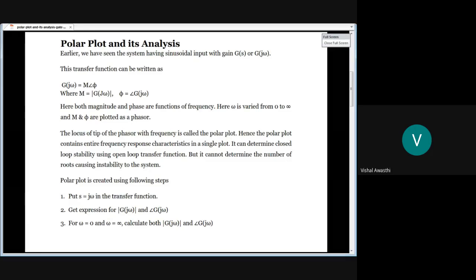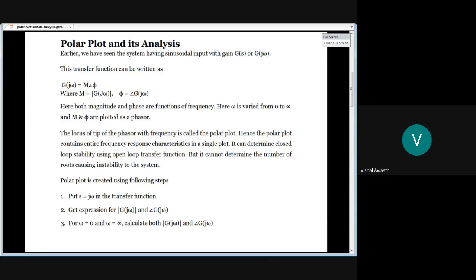But the difference is, in the Bode plot, whatever magnitude you get, you convert that magnitude into decibels. Here, there is no need to convert the magnitude into decibels. What is required is just to find out the magnitude and phase.